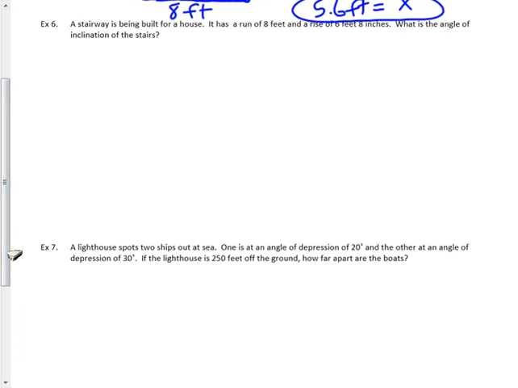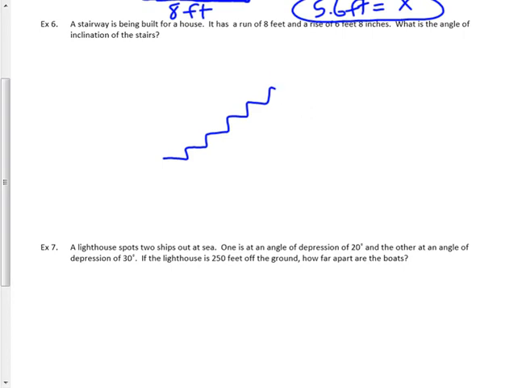Example 6: a stairway is being built for a house. It has a run of 8 feet and a rise of 6 feet 8 inches. What is the angle of inclination of the stairs? So I've got a nice little stair set here. Stairs kind of look like this. Whoa, those are bad stairs at the top.